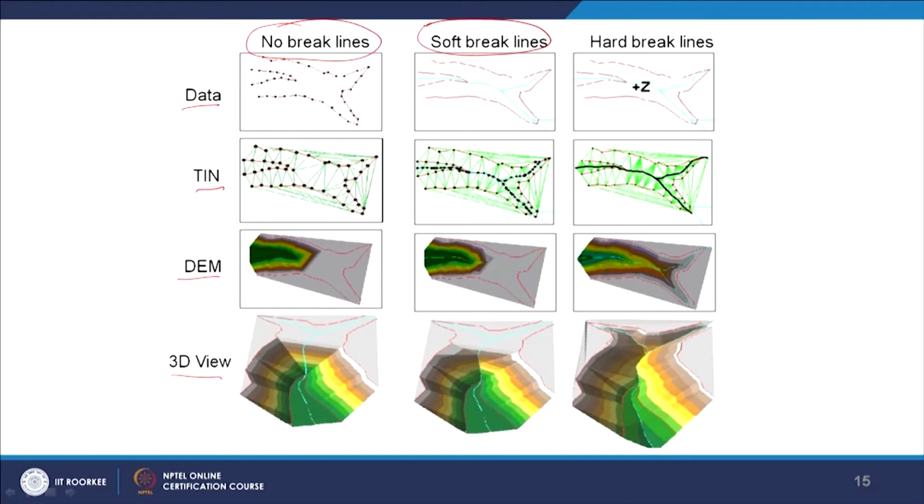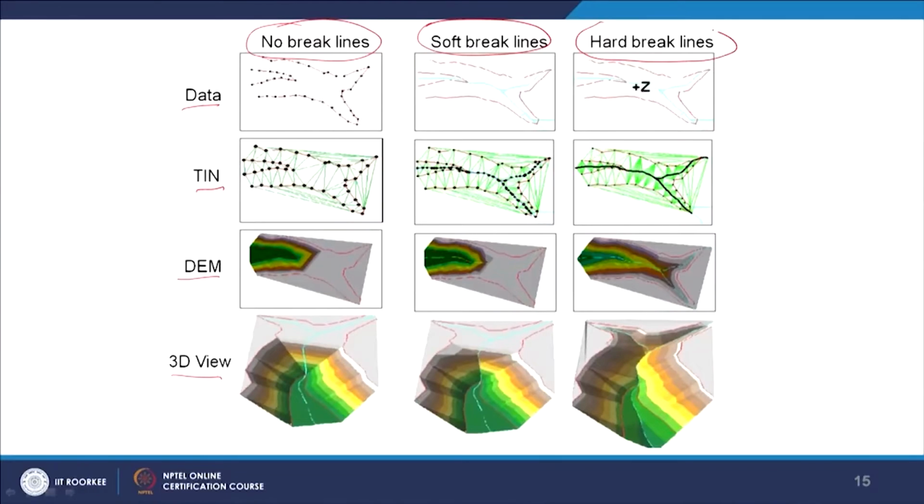Suppose there is some geological feature which goes vertically downward, for example a dike or a ridge or quartz reef. If I am working from a groundwater point of view, then I would like to know whether there is any chance of flow of groundwater through that break line or geological feature.